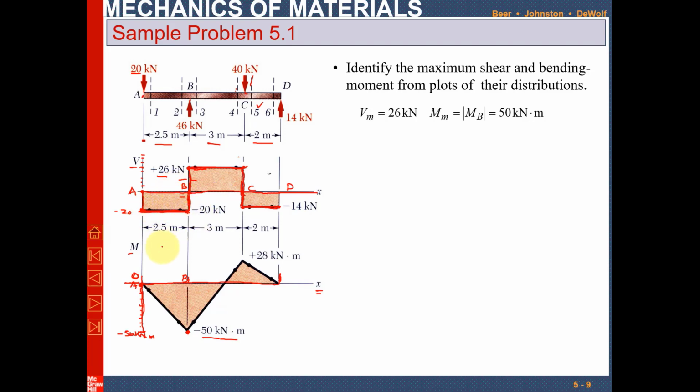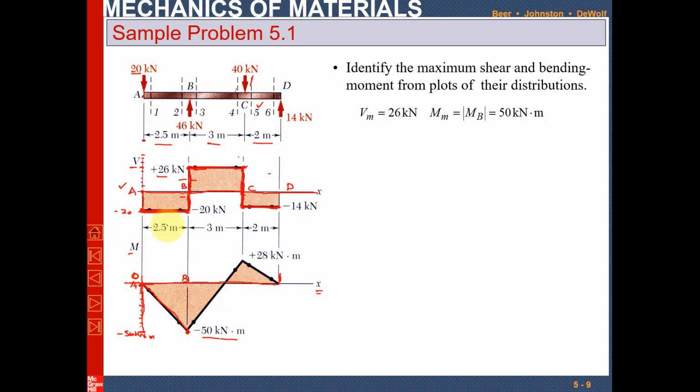Always remember that the bending moment equation is 1 degree higher than the shear force equation. I will repeat that: the bending moment equation will be 1 degree higher than shear force. So if shear force is a constant, meaning it is a 0 degree equation, the bending moment will be a first degree equation, and a first degree equation gives you a straight line.